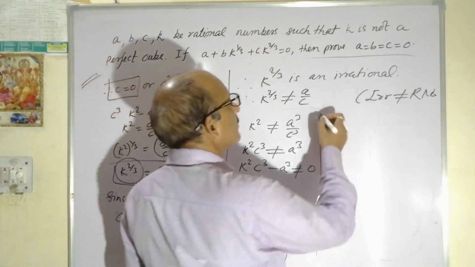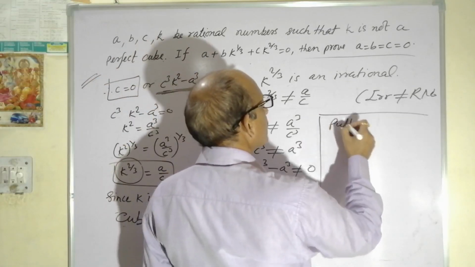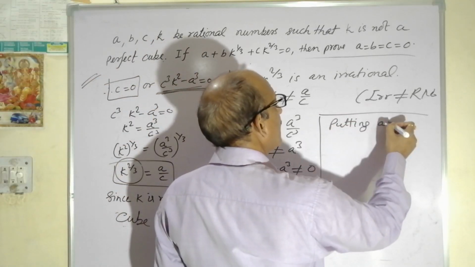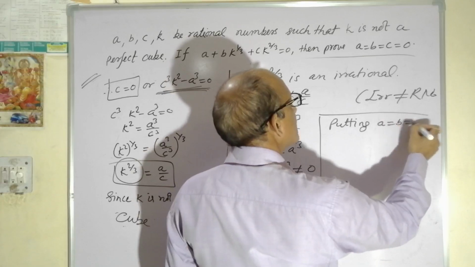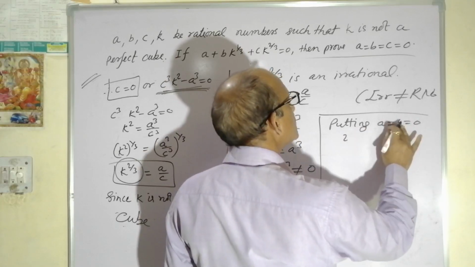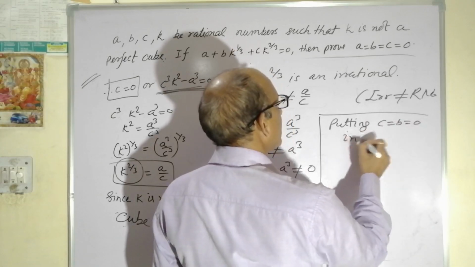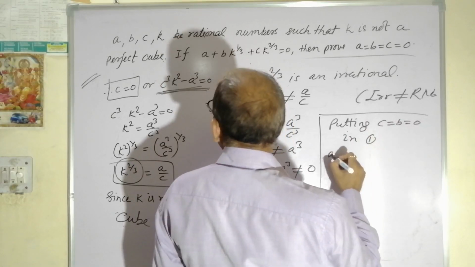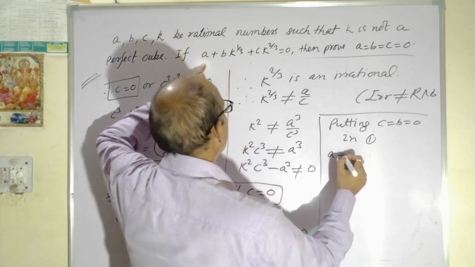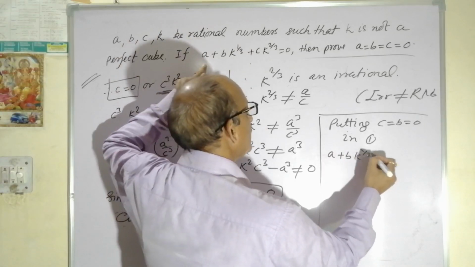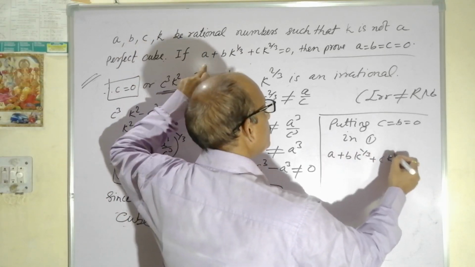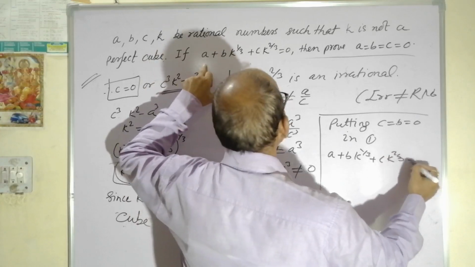Now putting a, b, and c values in equation 1, we have a plus b k^(1/3) plus c k^(2/3) equal to 0.